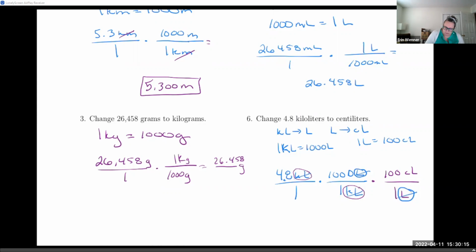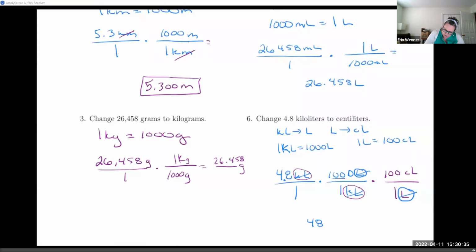So when we multiply by 100 and then by 100 again, we end up with 48,000 centiliters. Oh, shoot, I'm missing a zero. How did I know I was already missing a zero? Well, when you're multiplying by powers of 10, you're just going to add your zeros up.